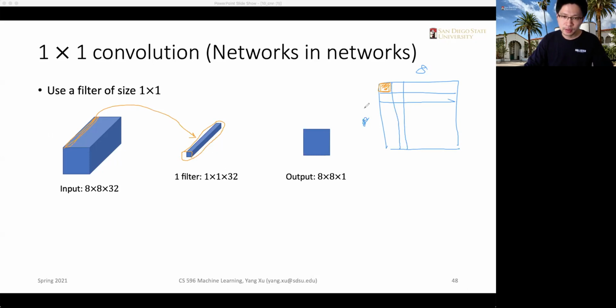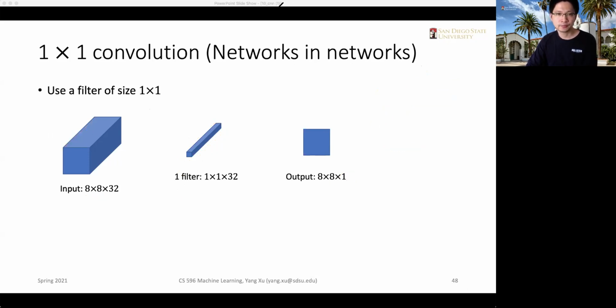So the 1 by 1 filter doesn't change the height and the width of the inputs, and the output is still 8 by 8 by 1, okay? And because the number of filters is 1, the output has 1 channel. That is another matching relationship we need to keep an eye on: the output would have 1 channel if we only use 1 filter.